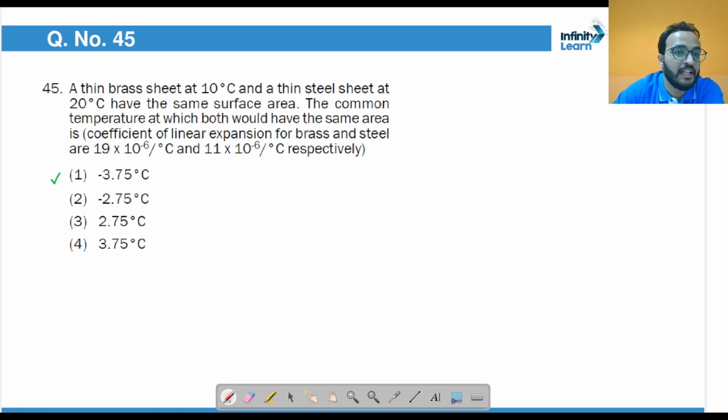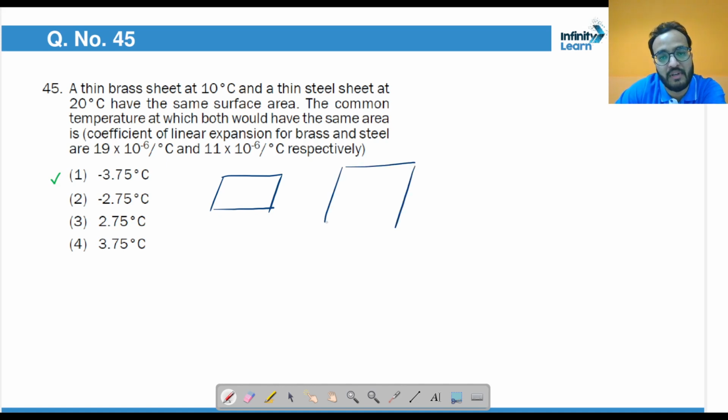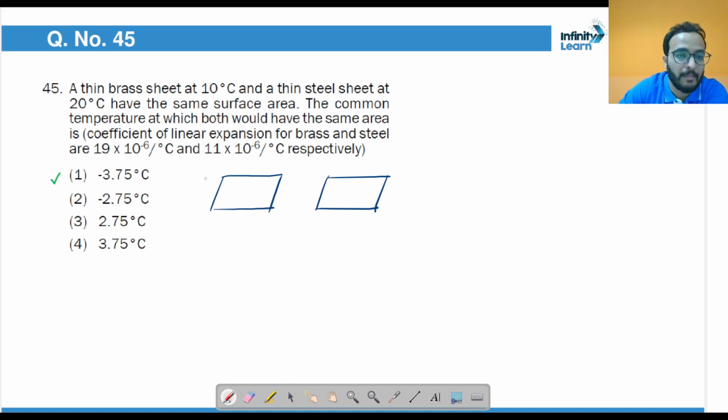They are saying that a thin brass sheet. So let's say this is a thin brass sheet here, and this is also whatever it is. So their areas are equal right now, right? And they are saying that there is one more temperature where their areas are equal again, right? Okay. Let's say this is A1, this is B1, this is A2, this is B2.